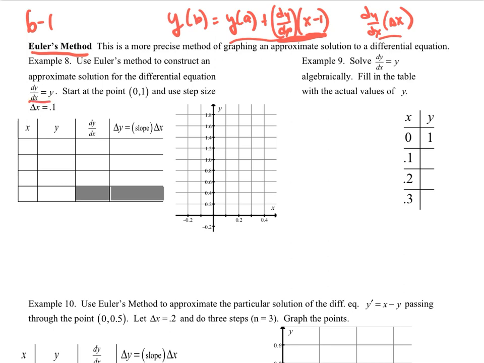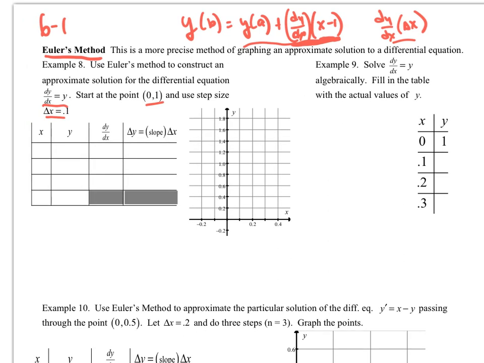So here I'm given a differential equation, dy dx is equal to y. I have a starting point, and then they also give me a step size. What I can do is figure out what a value might be for an estimate for this curve in around that area. So let's estimate this differential equation in and around the area of 0, 1 with step size 0.1.